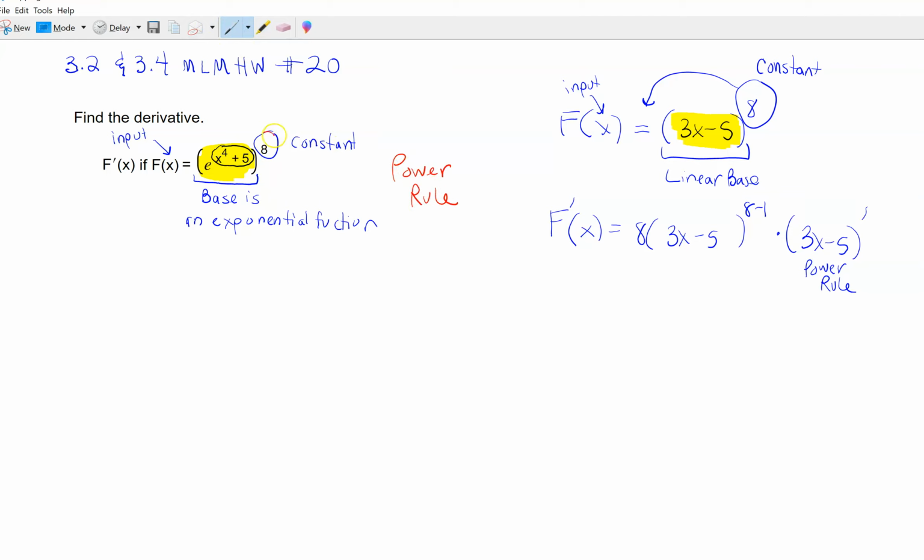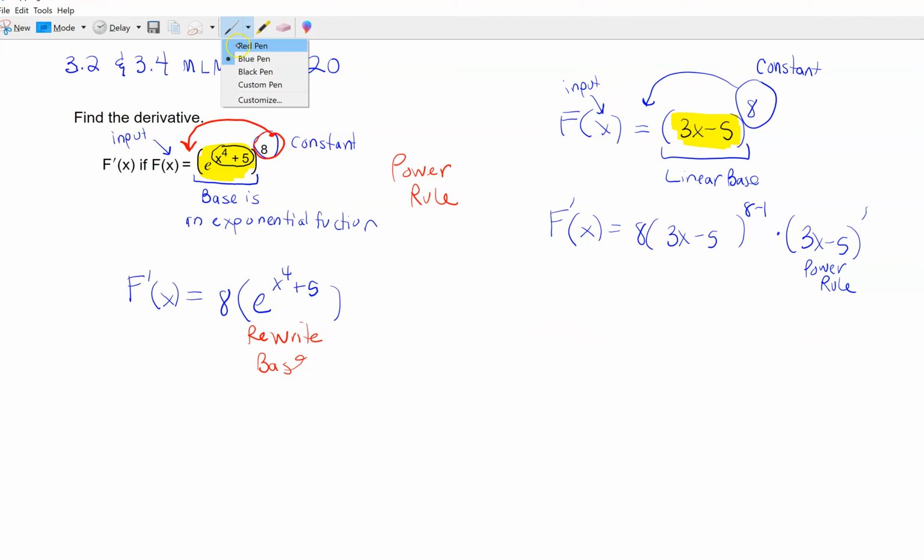So let's see the power rule at play here. I'm going to drop the exponent in front of the base. So I drop the 8 down. I rewrite the base exactly as it's given. The base is an exponential function here.